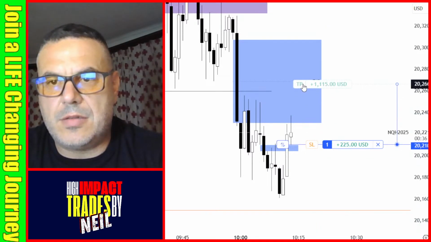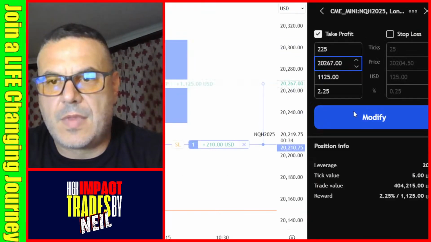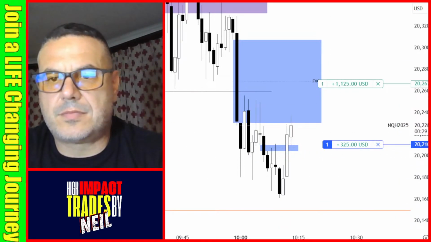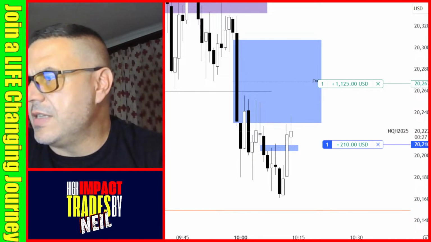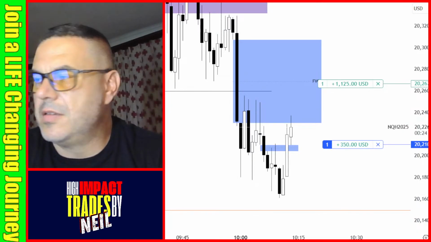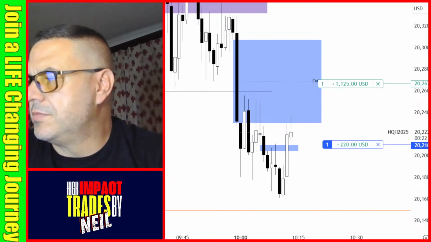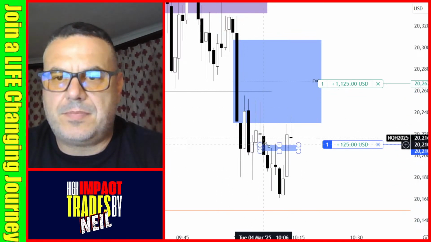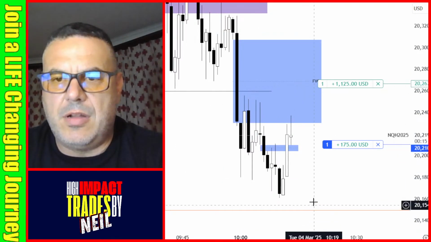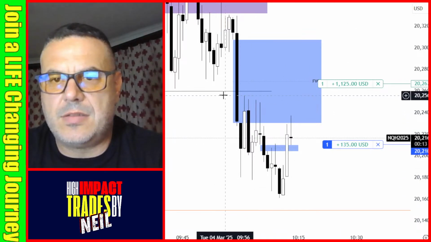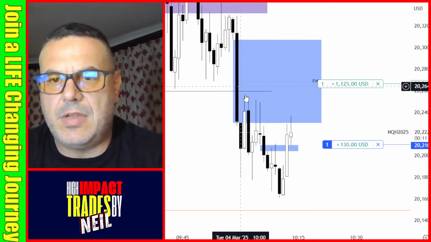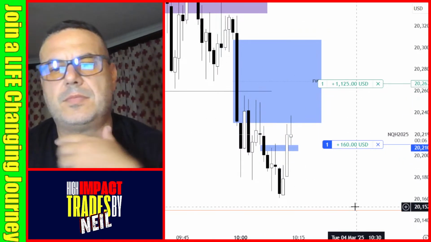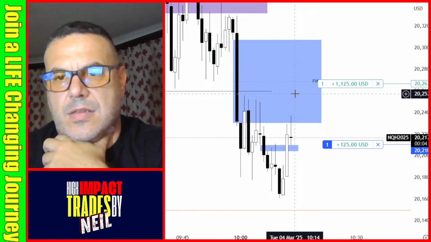We can now target this level there and see if we can actually get through to that. All you want to see is price go back up there. If you want to go lower, that's fine. Just see this is all this liquidity here into this bigger fair value gap, and see if we can get that bounce into this area here.